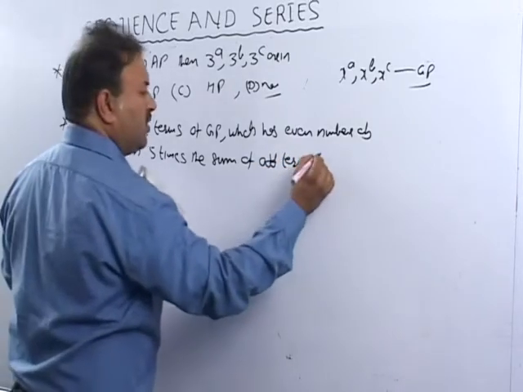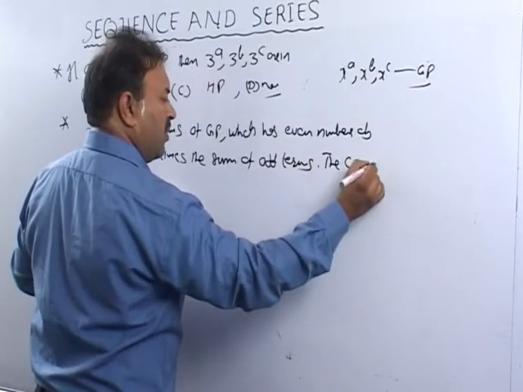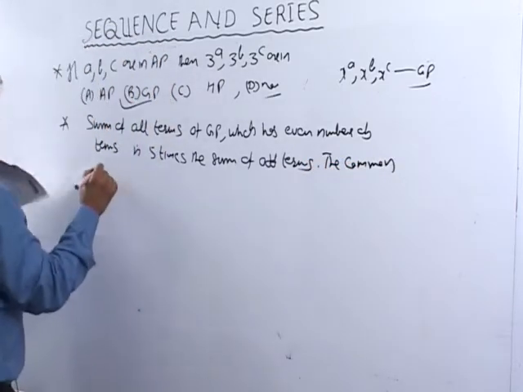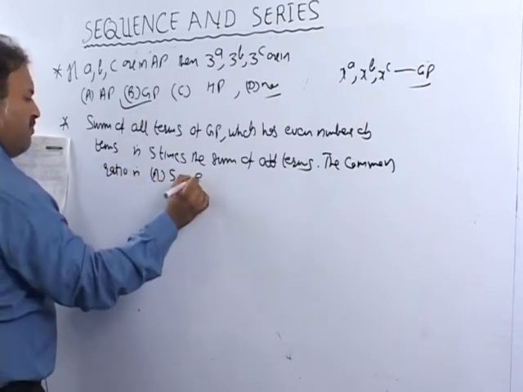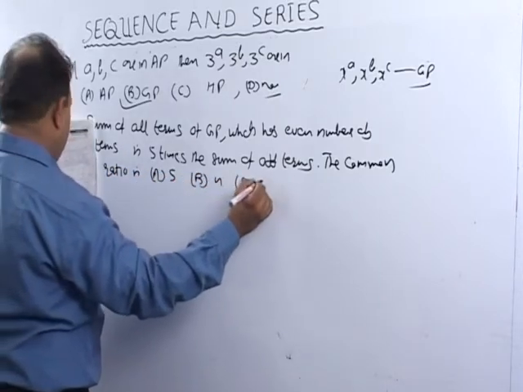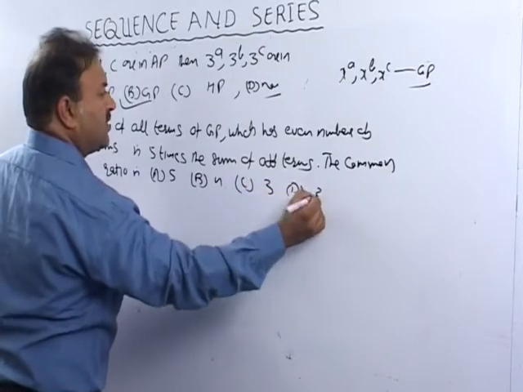The common ratio is: A part it is 5, B part 4, C part it is 3 and the D part it is 2.